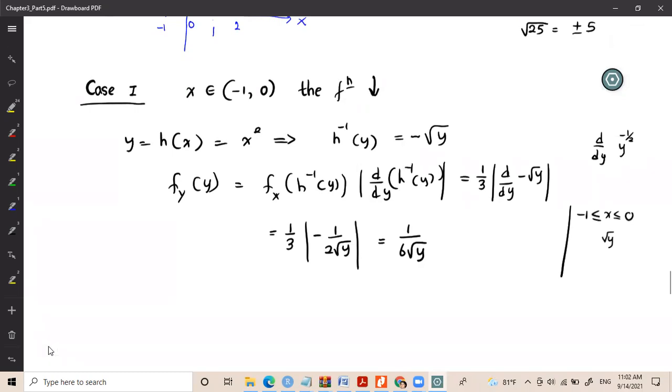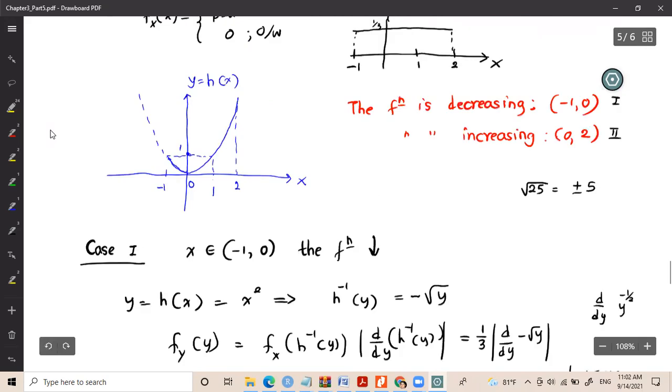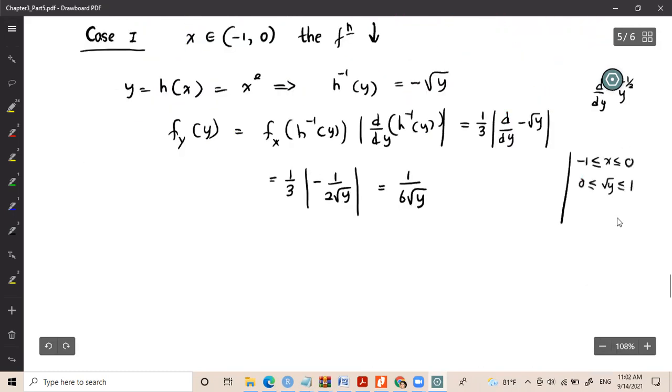Square root of y will be between 1 and 0, right? So it goes the other way around. So you get 0 and 1. Okay, and you can see it from the graph. This interval 0 to 1. Right? When x is from -1 to 0, y is from 0 to 1. -1 square becomes 1, 0 is still 0. Right. Okay. Is that clear?